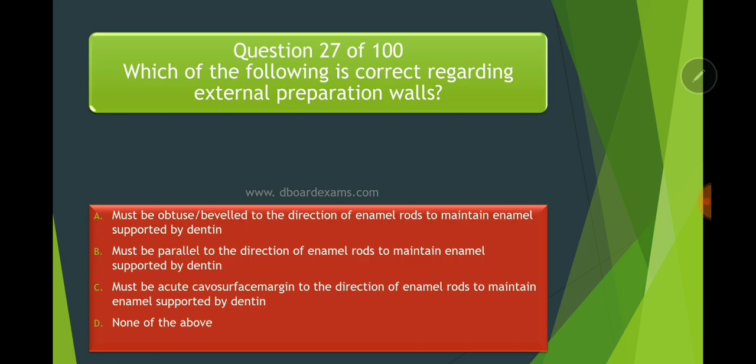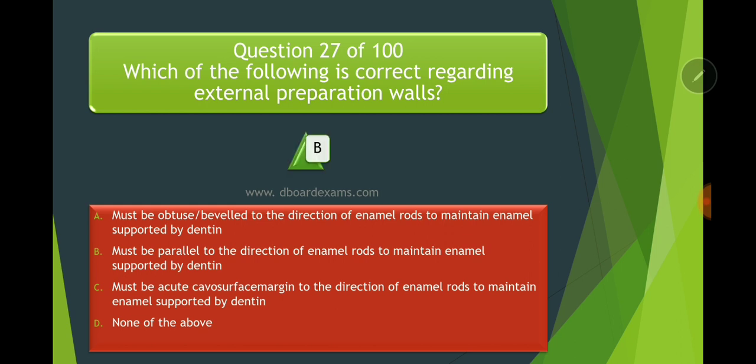All right. So question 27, which of the following is correct regarding external preparation walls? All right. So external preparation walls must be obtuse, beveled to the direction of enamel rod to maintain enamel support by dentin, or must be parallel to the direction of enamel rod to maintain enamel support by dentin, or must be acute cavosurface margin to the direction of enamel rods to maintain enamel support by dentin, or none of the above.